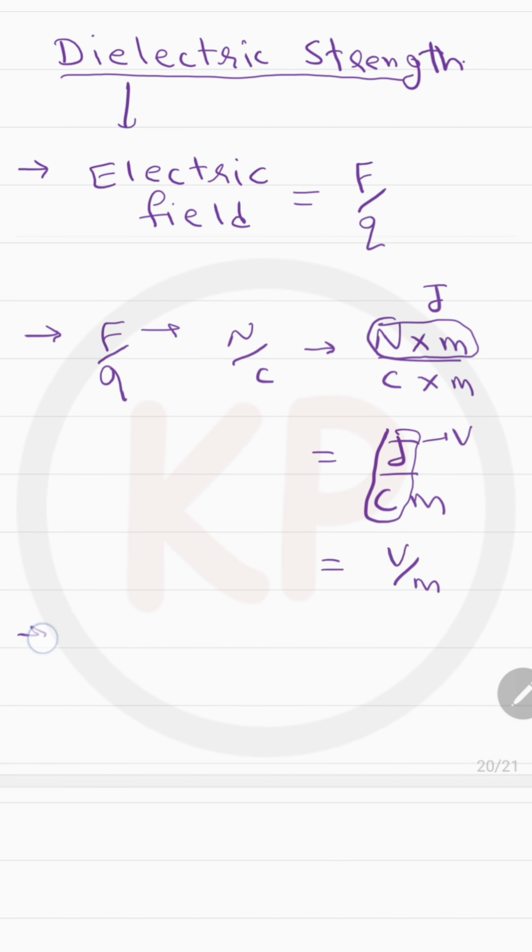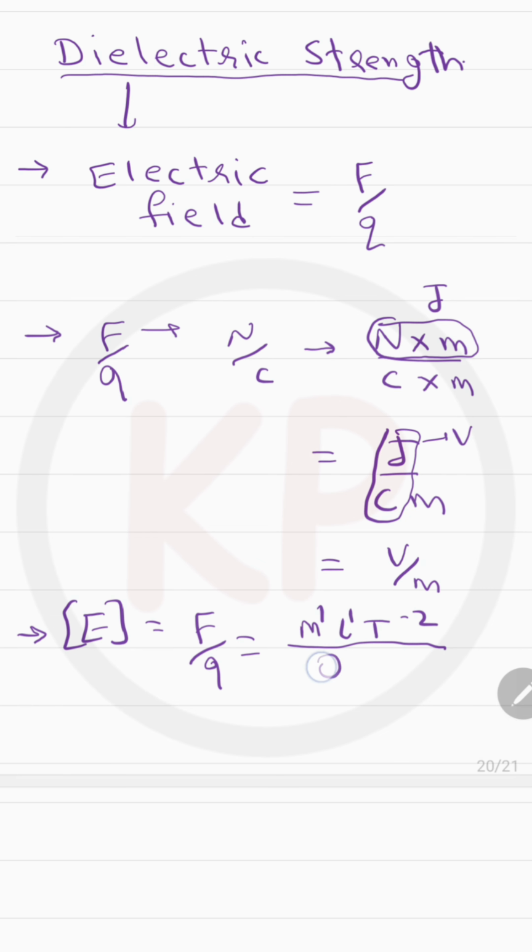Now let's see its dimensional formula. The dimensional formula of electric field is F by Q. The dimensional formula of force is M1 L1 T minus 2. The dimensional formula of charge is Q1. That gives M1 L1 T minus 2 Q minus 1.